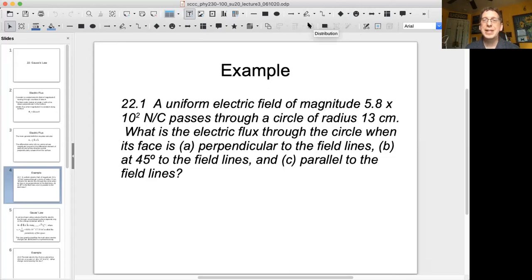So let's illustrate this. We'll get back to our trusty whiteboard, and we'll make this the plane of the circle.